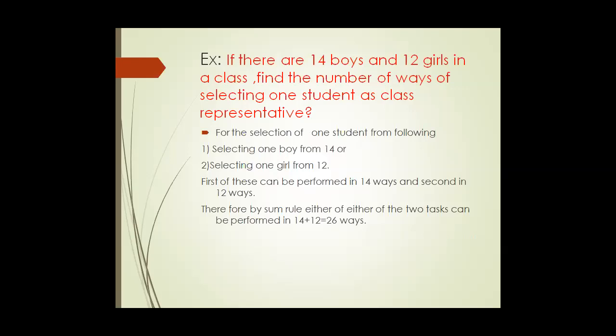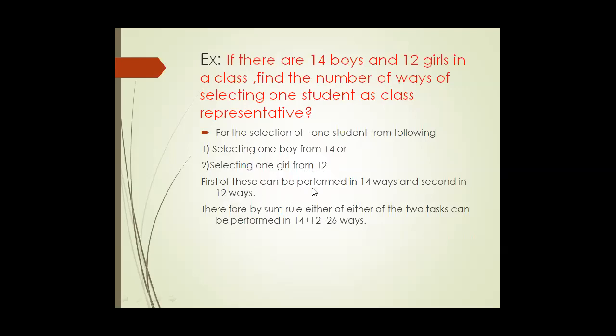One student as a class representative from 14 boys and 12 girls means it may be either a boy or a girl. So selecting one boy from 14, or selecting one girl from 12.